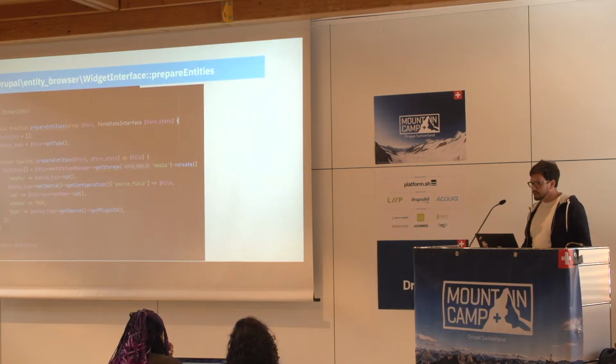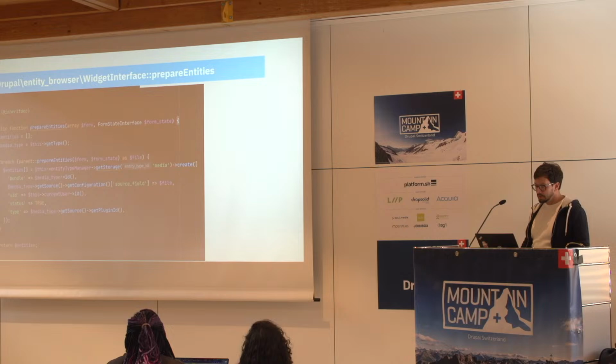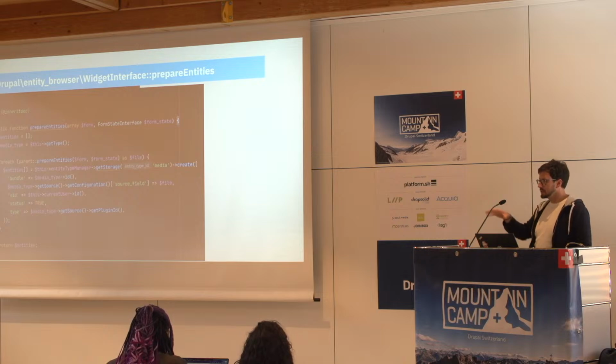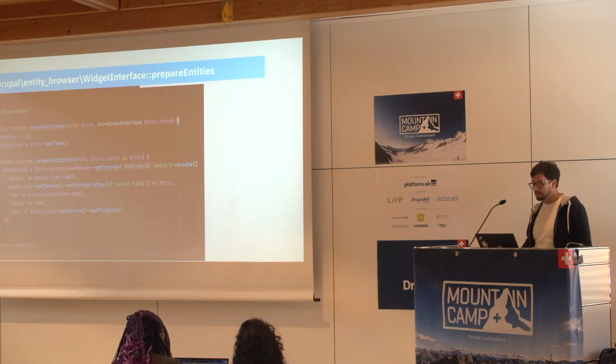So we said we need to create entities before we validate them. We do that by implementing the prepare entities method. Here we normally first check if we already have an existing entity, so somebody did the same process and already created that entity, so we don't go any further. We already have it in the database, we use that.